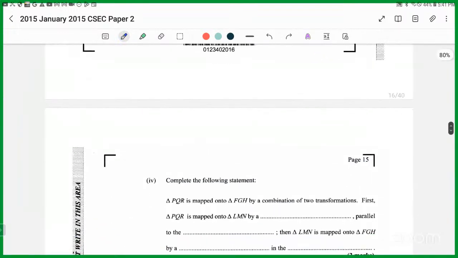First, PQR maps to LMN by a translation, parallel to the y-axis.